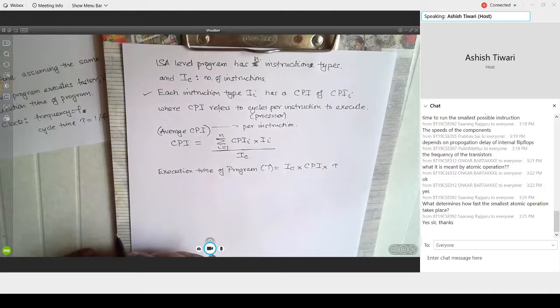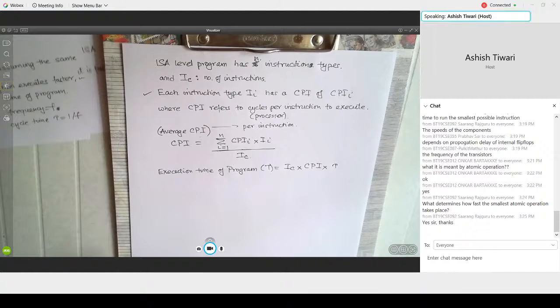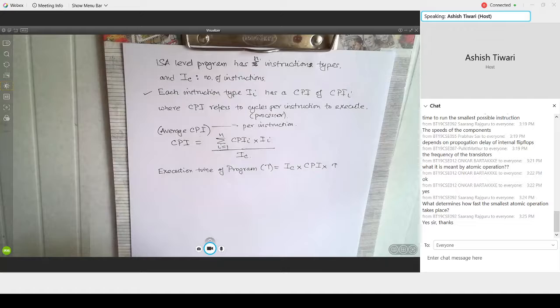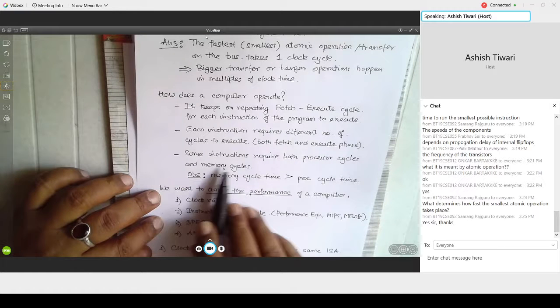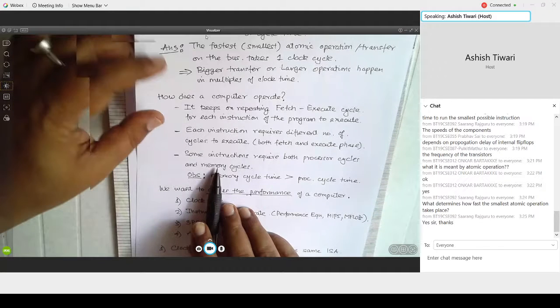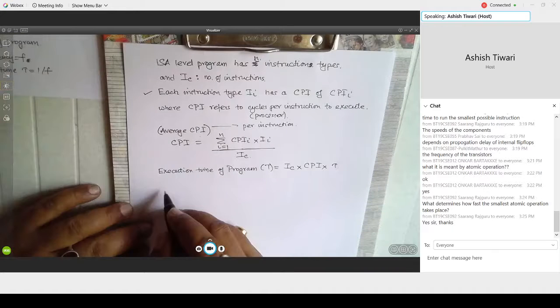Okay, I just want to write one more thing. If you remember, a little while back, I said that some instructions require both processor cycles and memory cycles, right? So I can make some more assumptions.